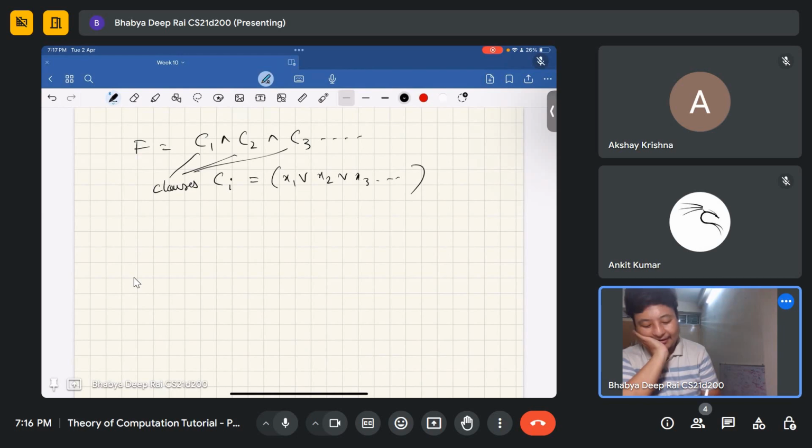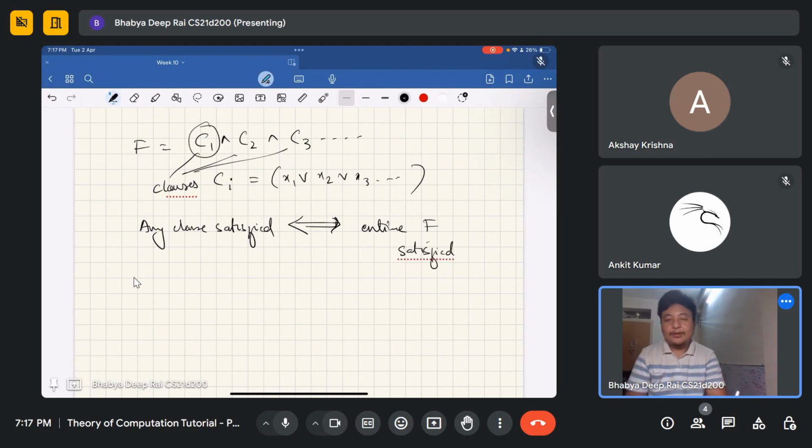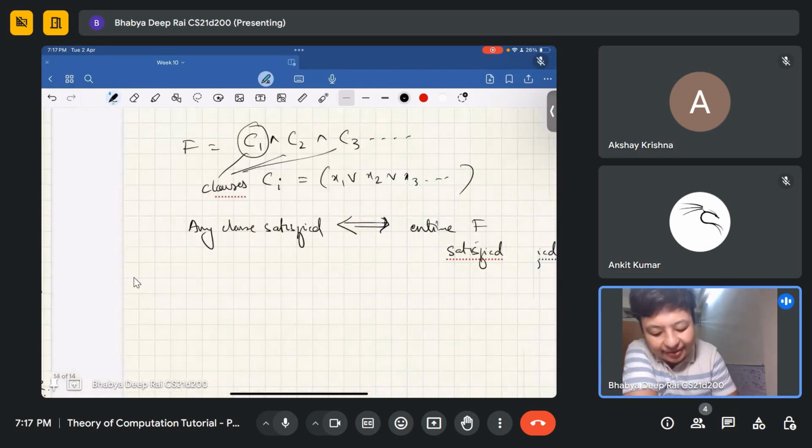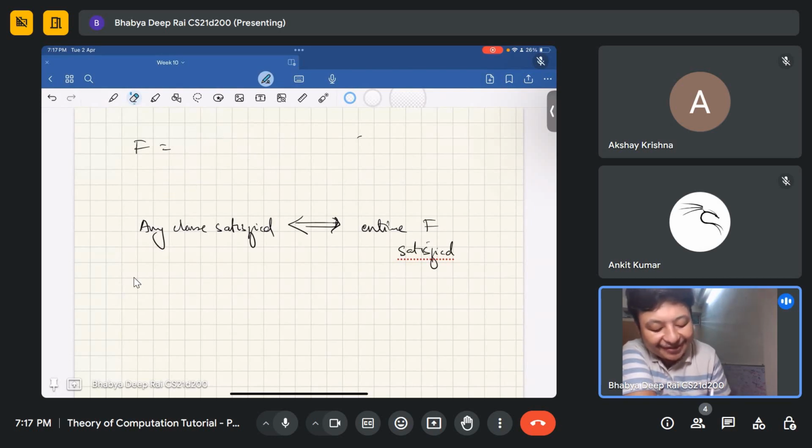My observation is that any clause satisfied if and only if the entire formula F is satisfied. Sorry, it's not a clause, it's a term. I'm really sorry. We are doing AND of ORs, no, we are doing an OR gate at the top. So I'm not going to call it a clause.